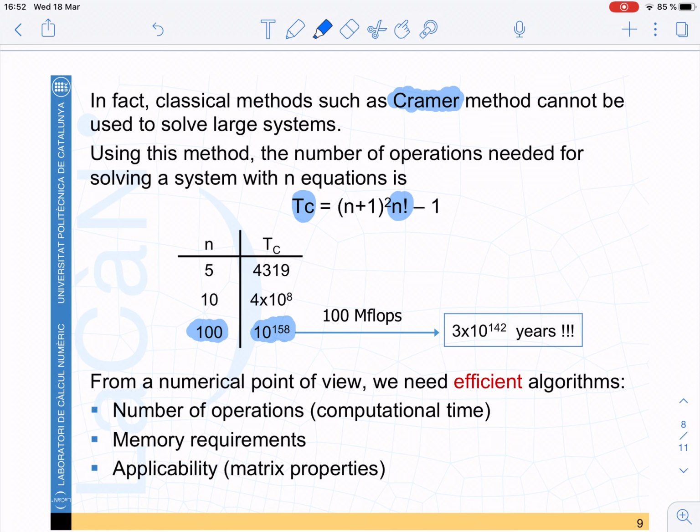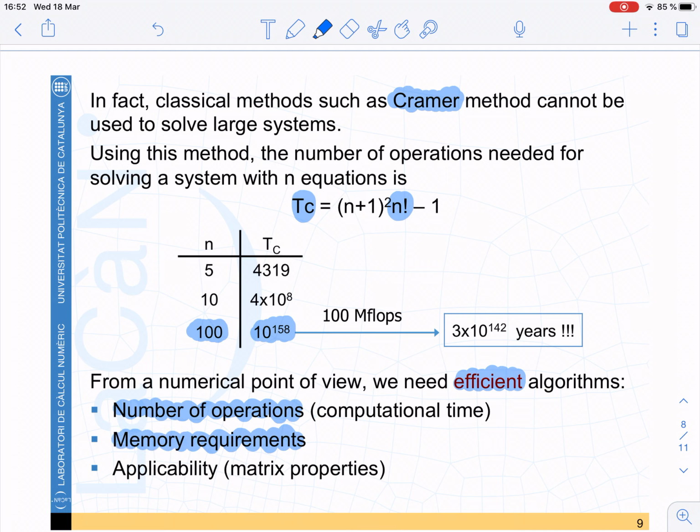Okay? So, from a numerical practical point of view, the keyword will be efficiency. And by efficiency, we mean both the number of operations, CPU time, and the memory storage requirements.